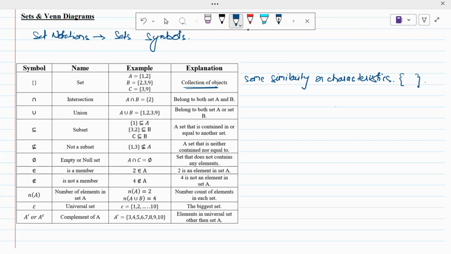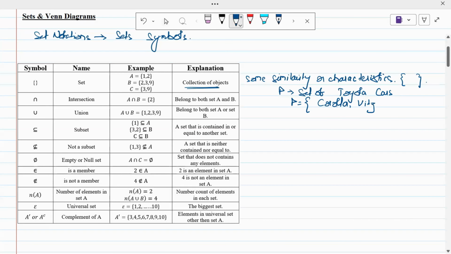For example, if I have a set A or set P, which is the set of Toyota cars, we can write the set P as the cars of Toyota: Corolla, Passo and so on.